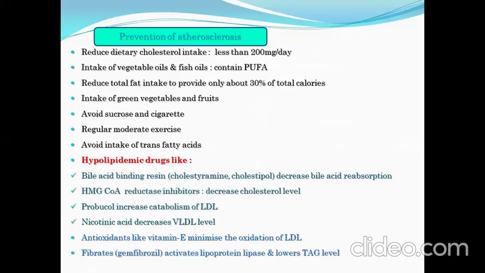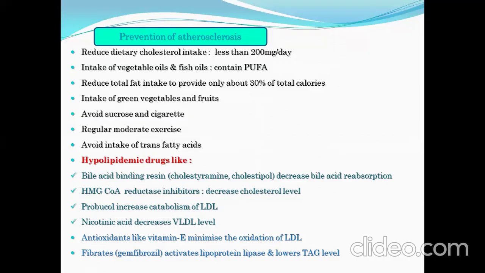So how will you prevent atherosclerosis? So how will you prevent heart disease? So there are two ways to maintain your good cholesterol and bad cholesterol level. Our aim should be how to increase good cholesterol.